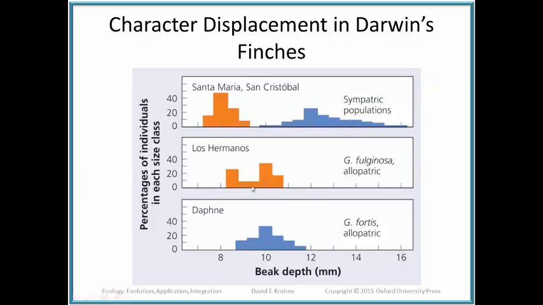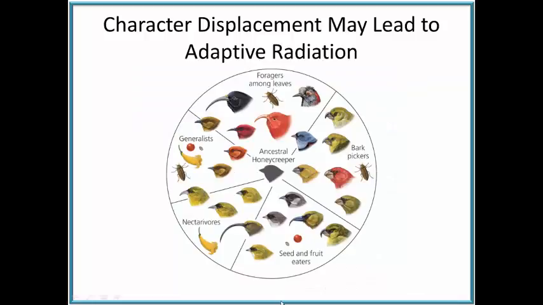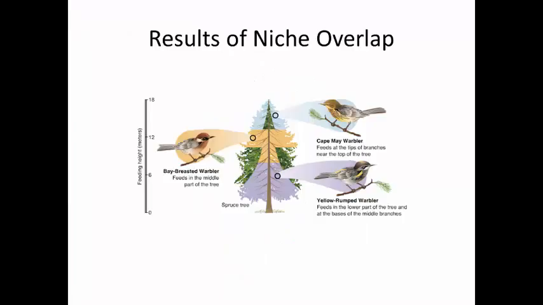So this is referred to as character displacement, because when the two species are together, the competition between the two species drives them apart. This can result in adaptive radiation, that is, the formation and development of new species in the environment.